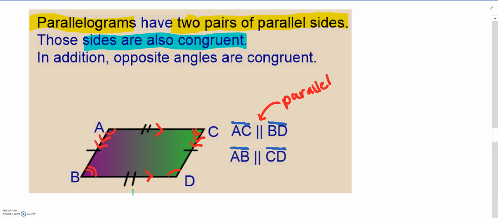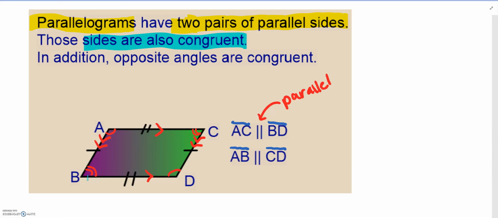Then if you look at AB and CD, how many tick marks did those two sides have? They just have one, right? That lets us know that line segment AB is congruent to line segment CD. Those two sides are the same length, in other words. They are equal to each other, but they are not equal to AC and BD because they have a different number of tick marks.